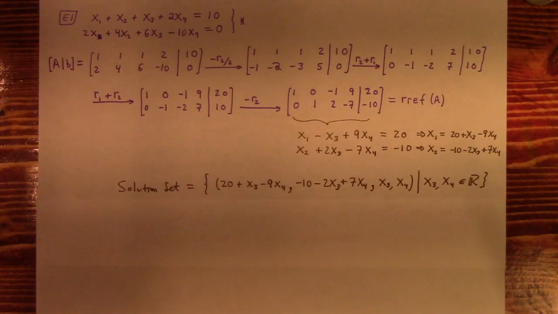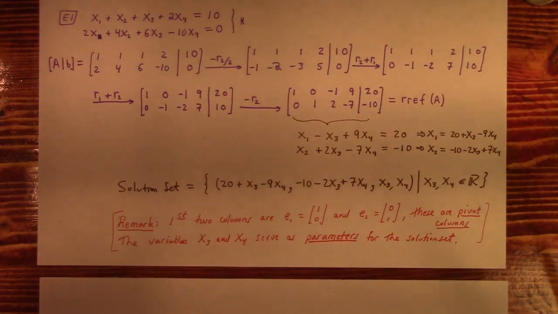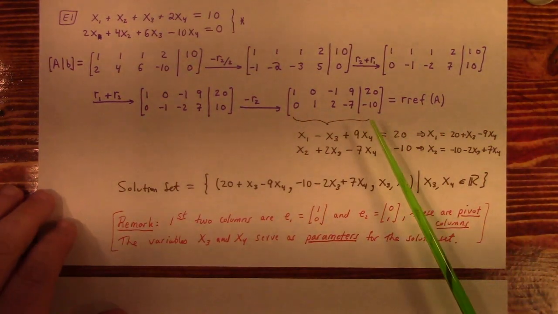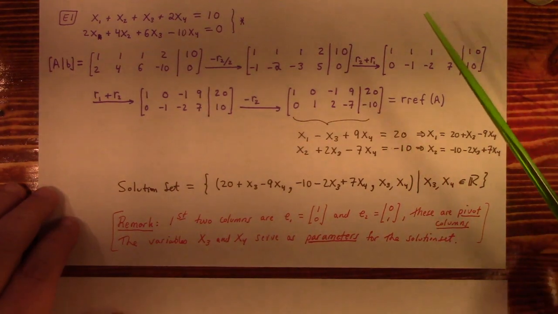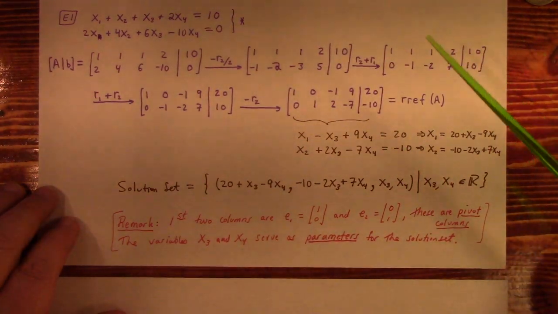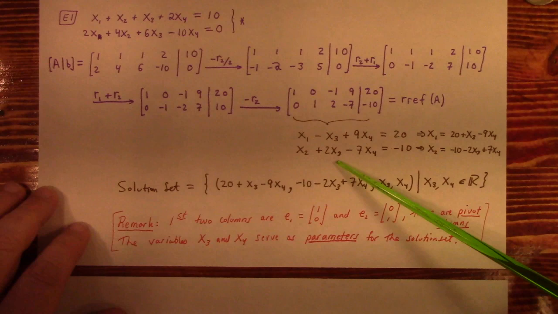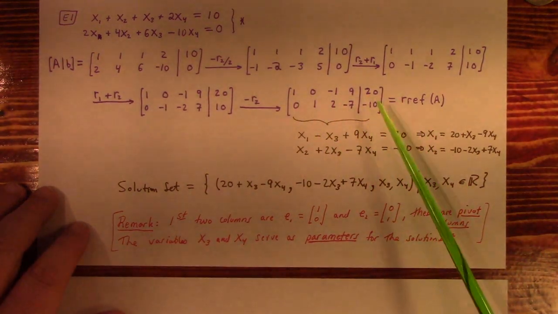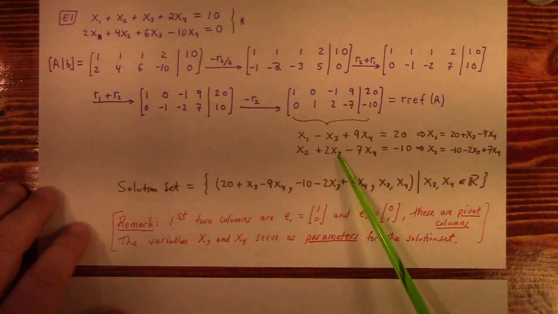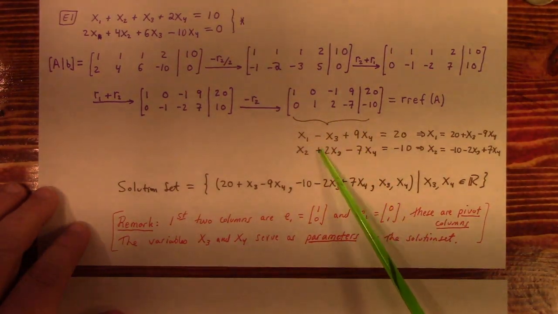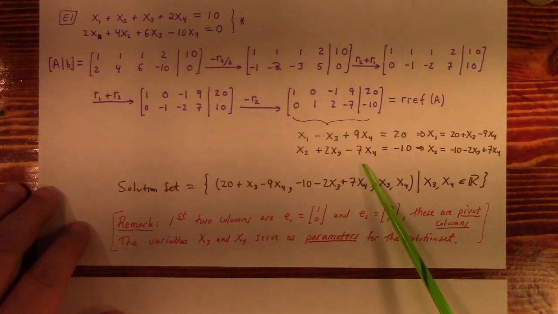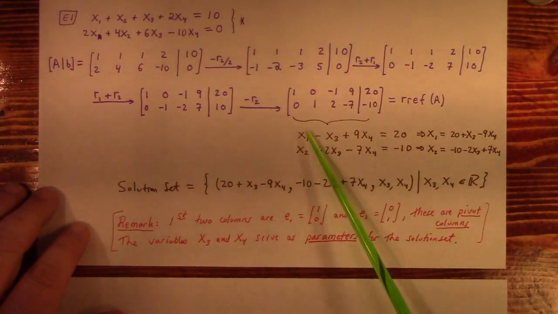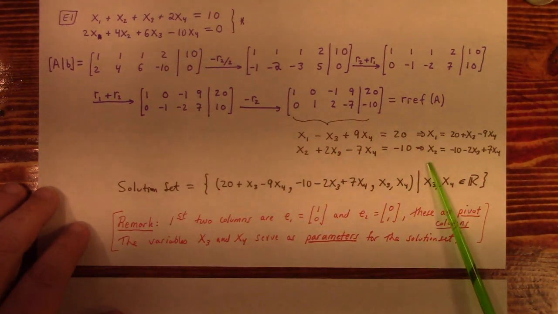Now, what does this mean? Well, this means that the given system of equations, star, is equivalent to the one I've written in brown here. And so this is just x1 minus x3 plus 9x4 equal to 20, and x2 plus 2x3 minus 7x4 equals minus 10, which I can solve for x1 and x2, right?